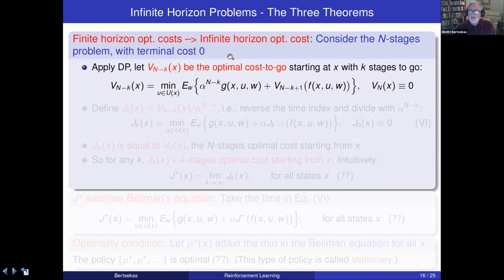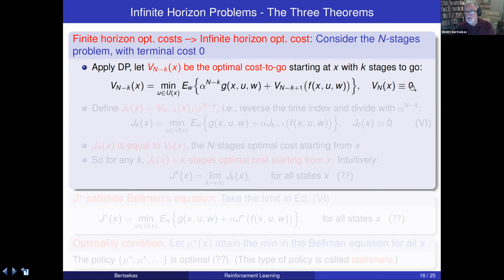So let's look at this a little closer. Let's consider the n stages problem with terminal cost 0 and write the dynamic programming algorithm for it. It's given like so, okay? So n stages, we'll use the letter V to denote the optimal cost to go for this problem.